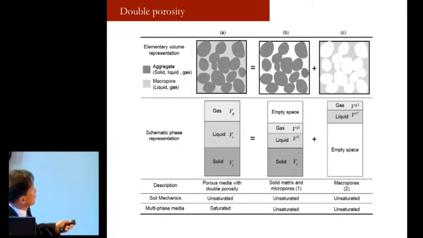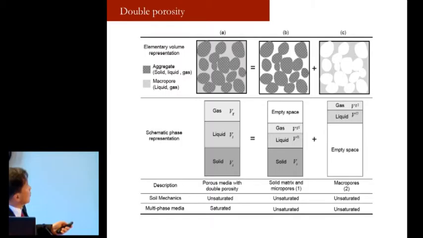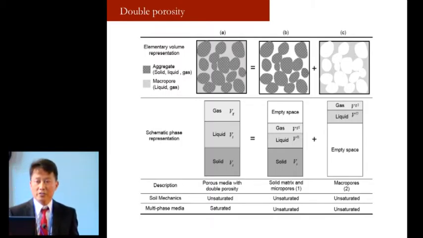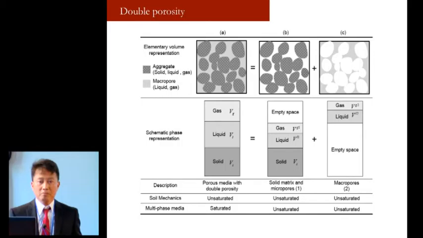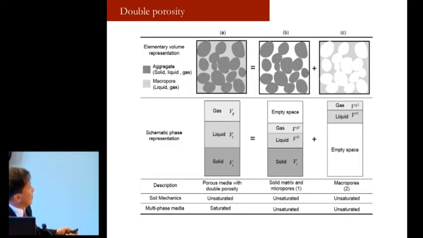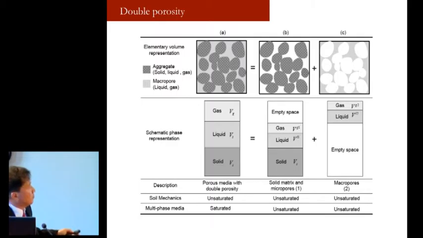So this is the double porosity representation in terms of the phase diagram. The conventional phase diagram on the left-hand side shows us a mixture of solid, water and air. And then all we did on the right-hand side is subdivide into macropores and micropores phase diagrams. For the micropores, we have a physically unsaturated phase diagram where part of the volume is empty space.